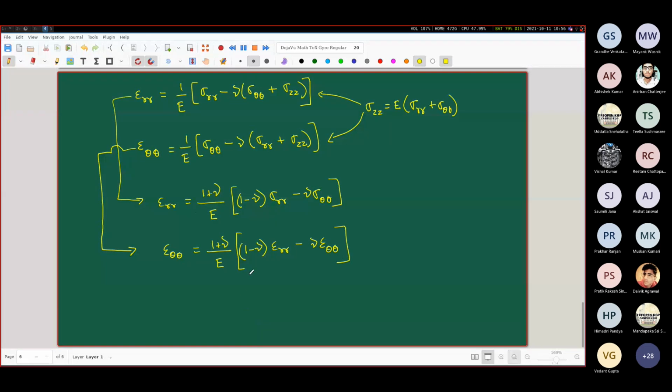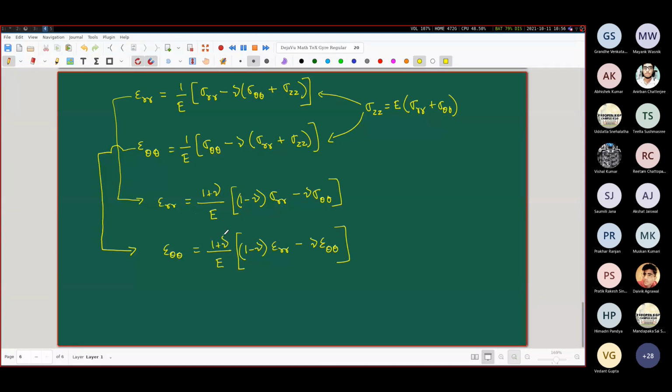Now, this is good that we have obtained some kind of simplified relationship between the strain and the stress, but we would like to represent these two equations not like strain is equal to something and strain is equal to something. Rather, we want to invert this and obtain expressions for the sigma rr and the sigma theta theta.